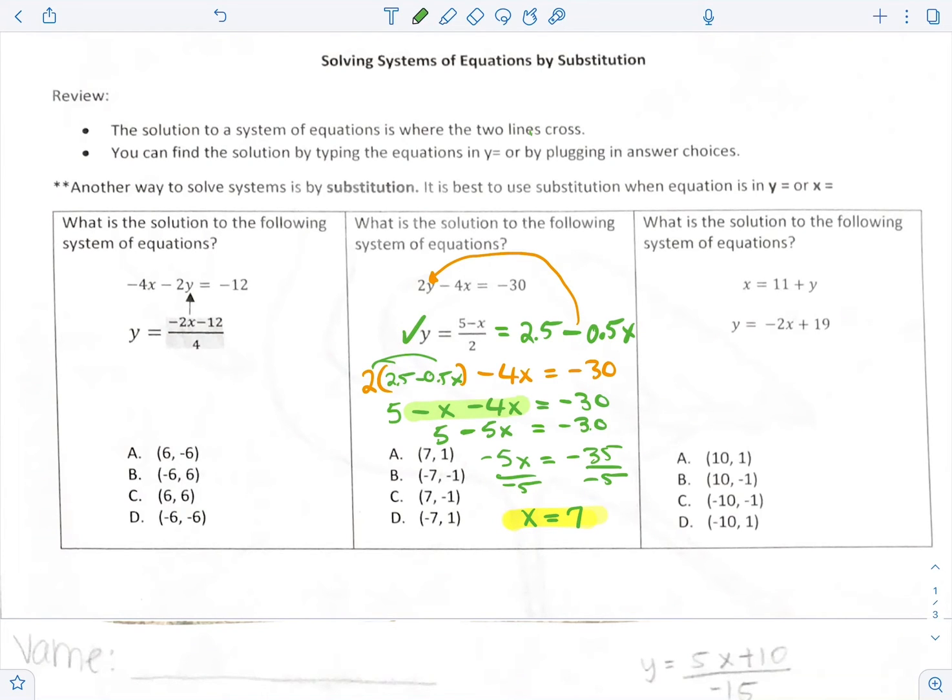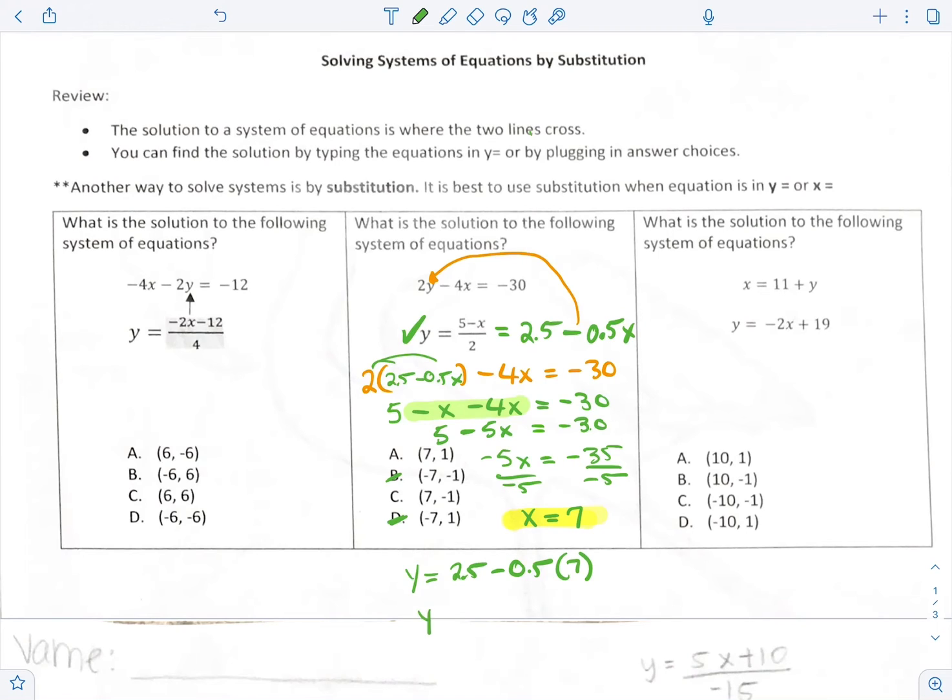Since x is +7, we can eliminate b and d. And then we're going to go back and use our y equals 2.5 minus 0.5x to find our y. So this is y equals 2.5 minus 0.5 times 7.